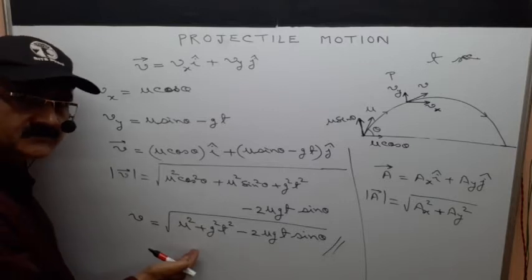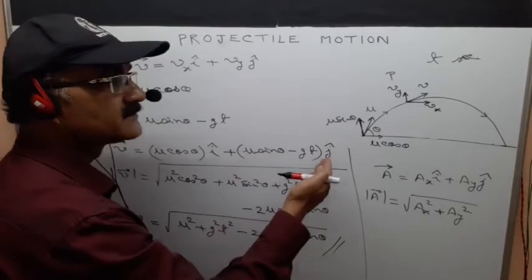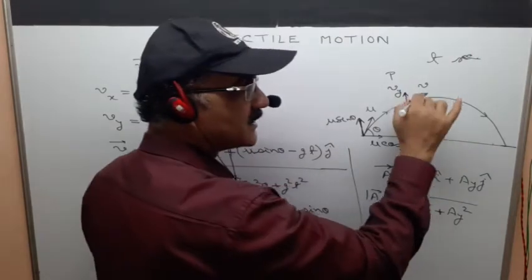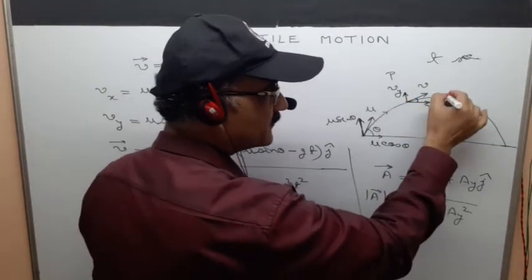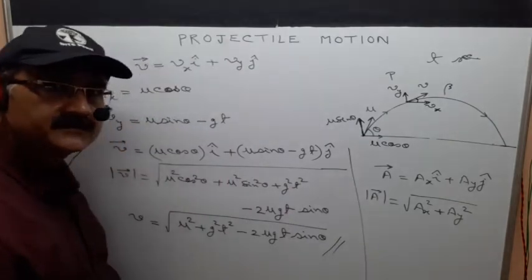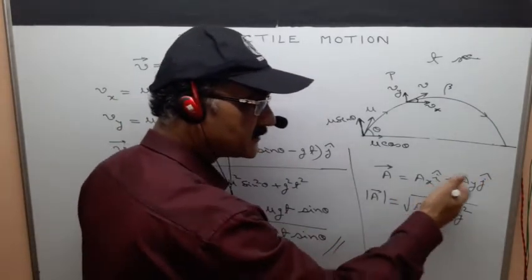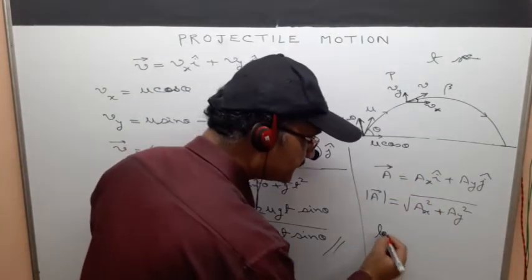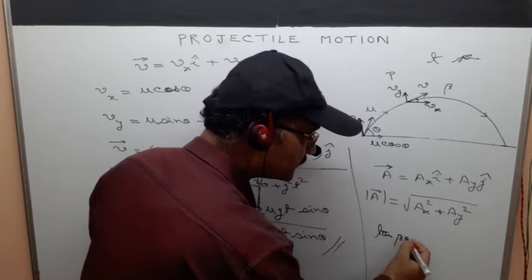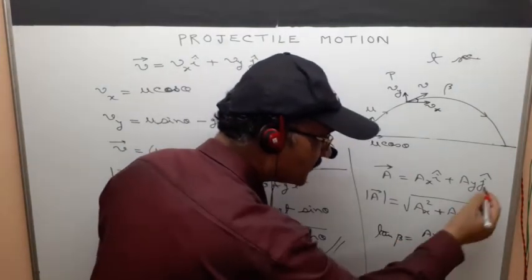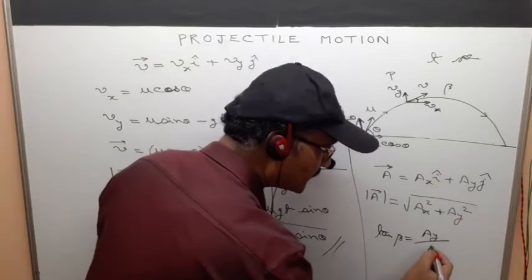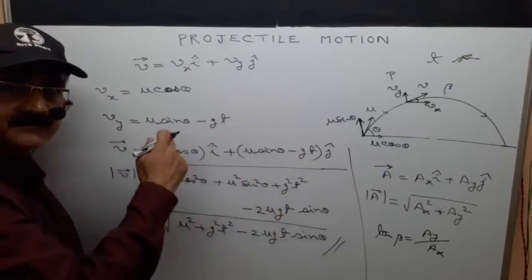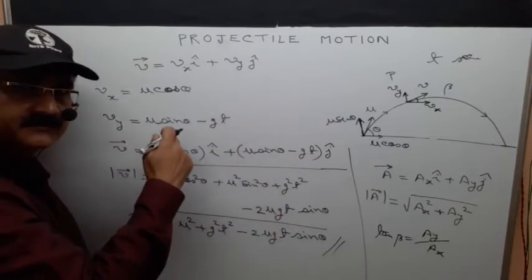Clear? If we have to find the direction of this velocity, that is this angle, the angle it is making with the horizontal, if we call it beta, then how do you find the angle here? Here tan of that beta would be the coefficient of j cap divided by the coefficient of i cap. Here we can use the same technique. How?